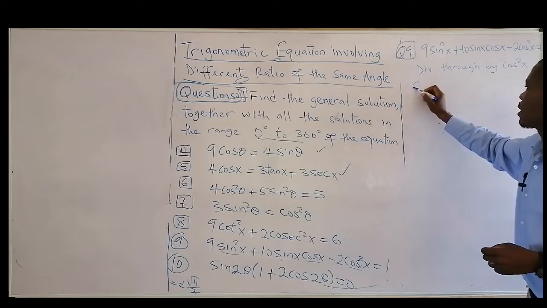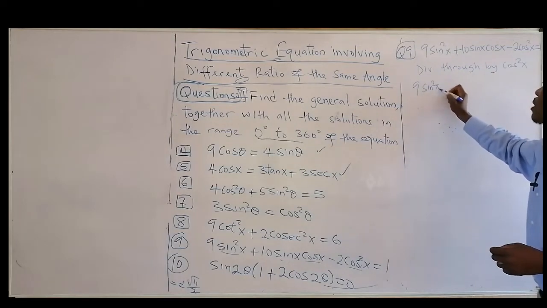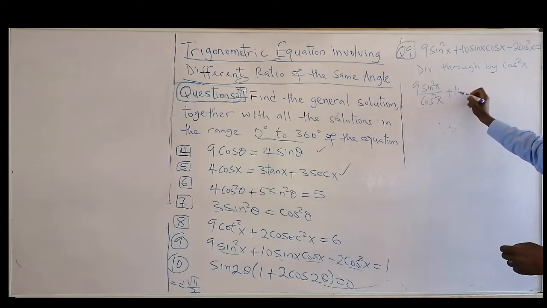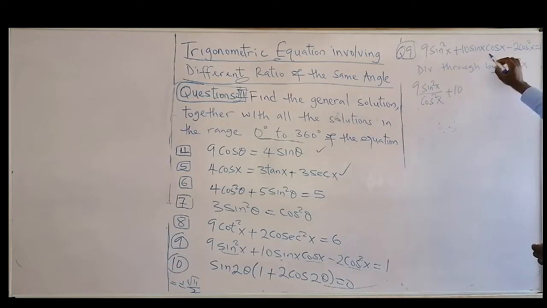So we're going to have here 9 sine square x, plus 10 sine x cos x, this will go to remain 1, so that will be sine over cos x. Then minus 2 cos square x over cos square x. So this will go, and that will have 1 over cos square x.